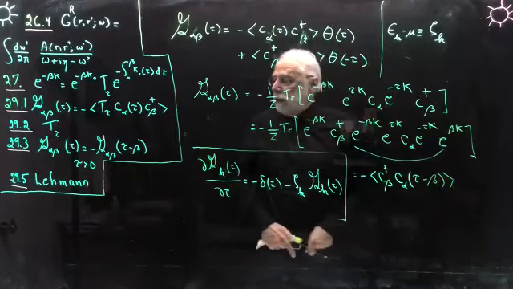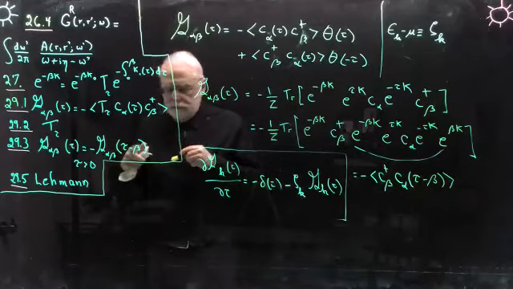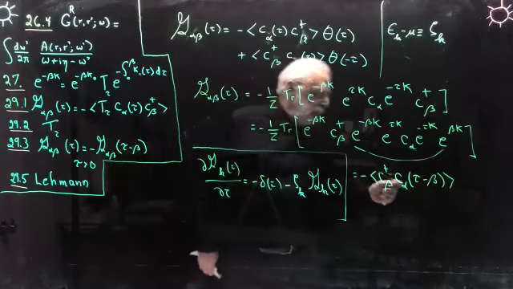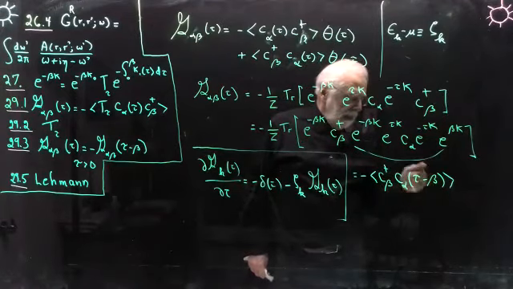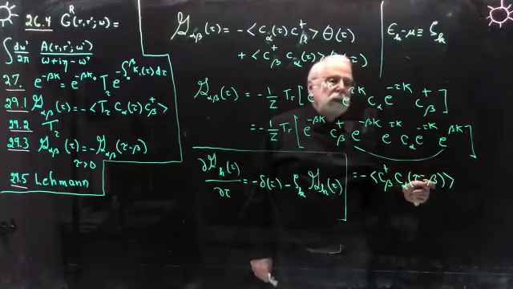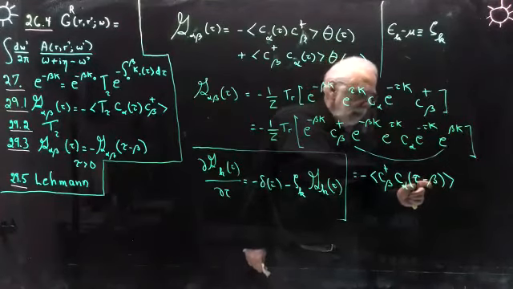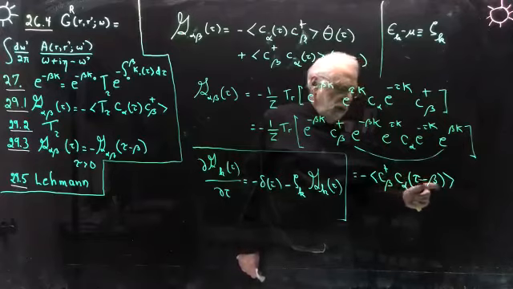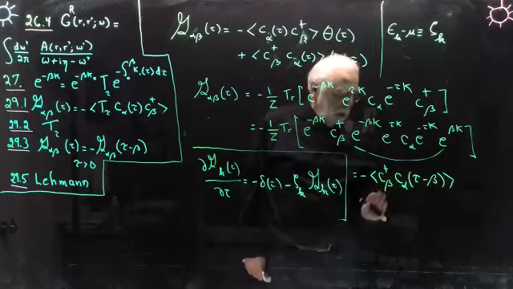Well, now if tau is positive and contained between 0 and beta, it means that tau minus beta is less than 0. So it is in the right time order here. This is before this one, so it's in the correct order.